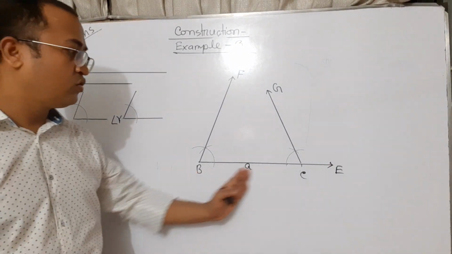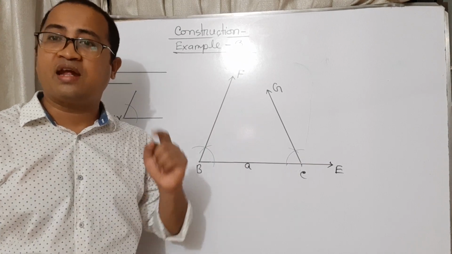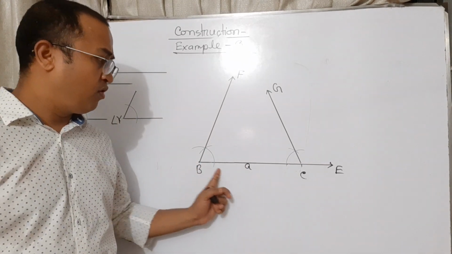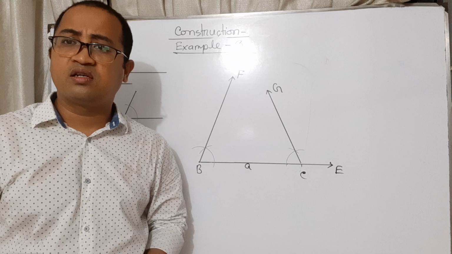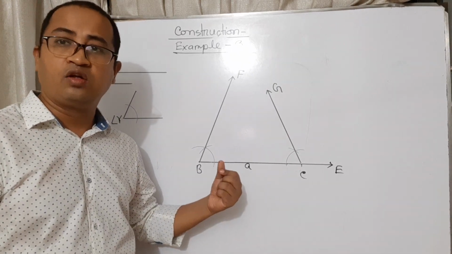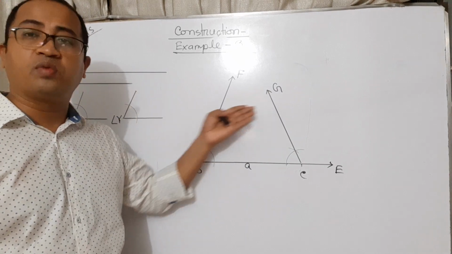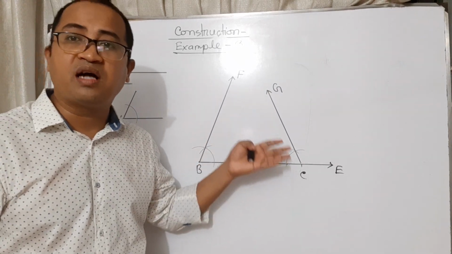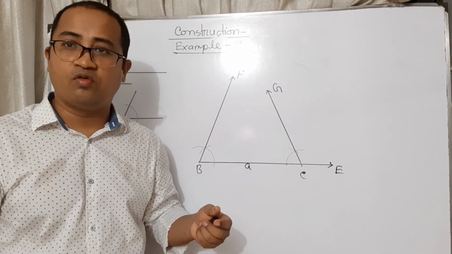Now almost we have completed. We need another side. We already have three sides. We need another side, the one parallel to BC. So we can draw a parallel line there. But what will be the height? We don't know, it is not given.